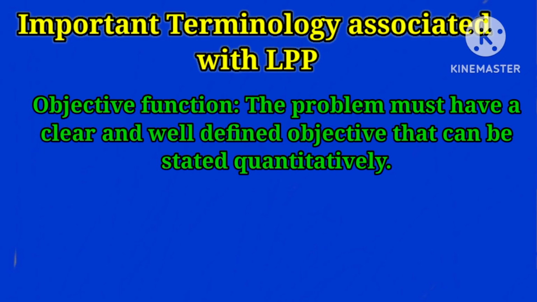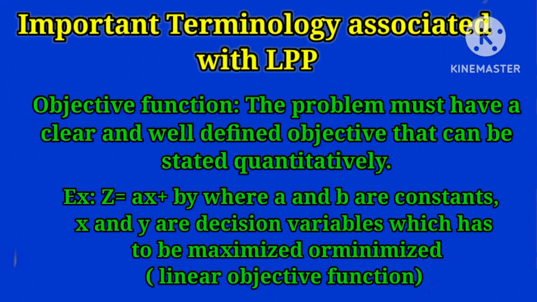The LPP must have a clear and well-defined objective function that can be stated quantitatively. For example, z equal to ax plus by, where a and b represent constants and x and y are decision variables, which have to be maximized or minimized, right?